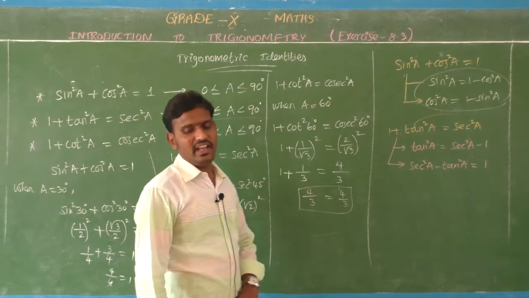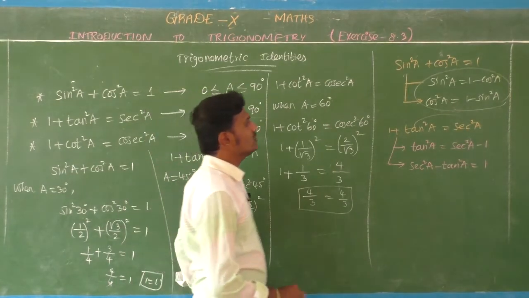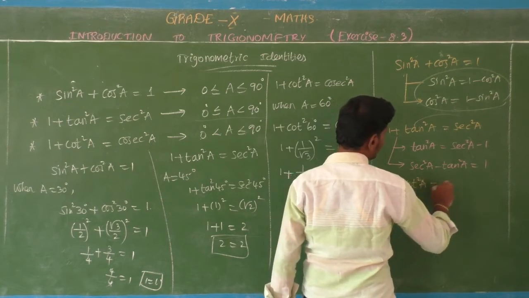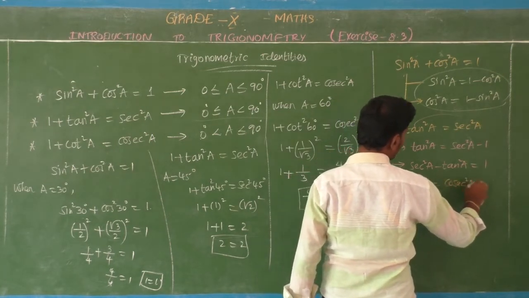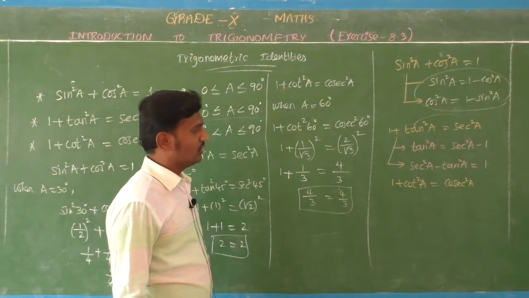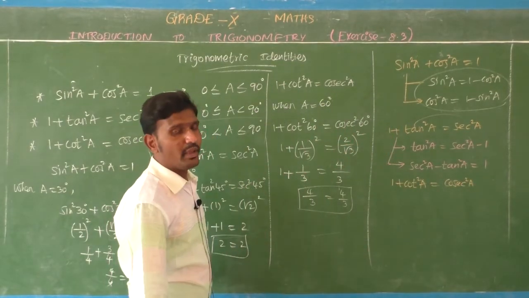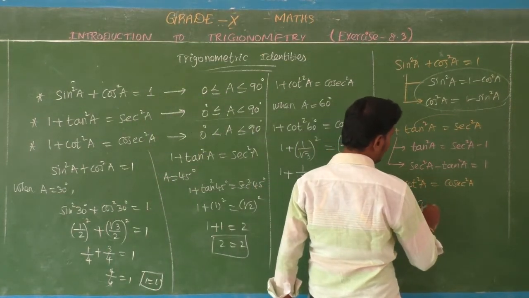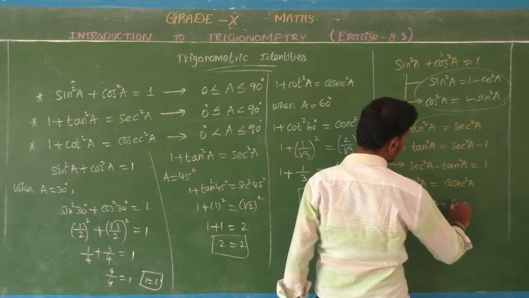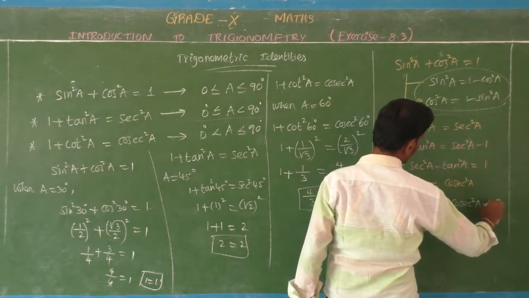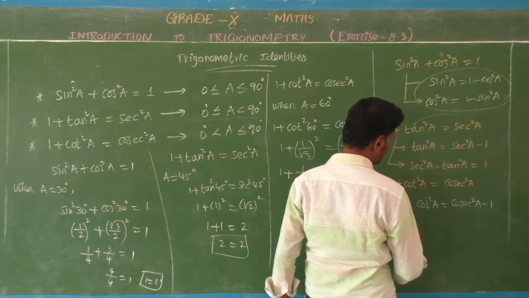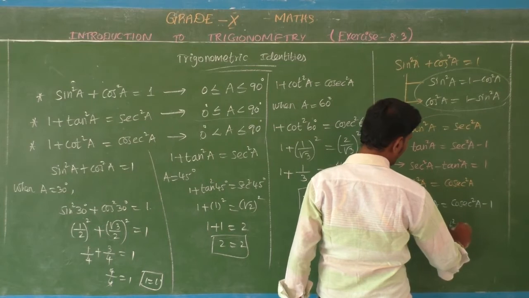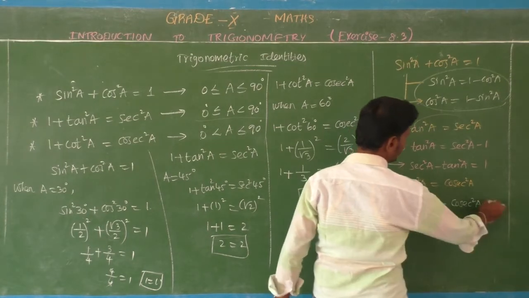Finally, the third identity, 1 plus cot square A, is equal to cosecant square A. For that also I am going to make two more identities. If I need only cot square A, then cot square A is cosecant square A minus 1, or else cosecant square A minus cot square A is equal to 1.